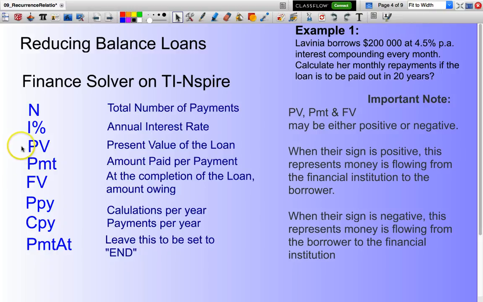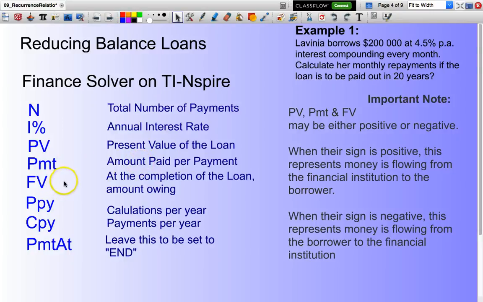Now, the fields that we deal with are the total number of payments for the duration of the loan, how many payments. I is the annual interest rate. PV, the present value of the loan. Now that is, how much have I borrowed? Payment, how much will I be making as a payment per period?